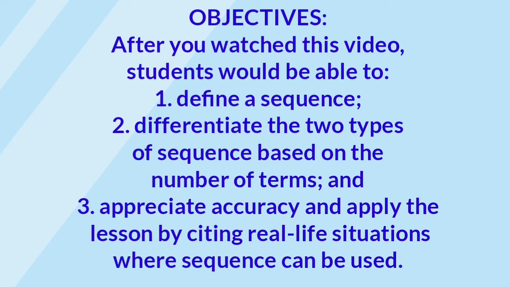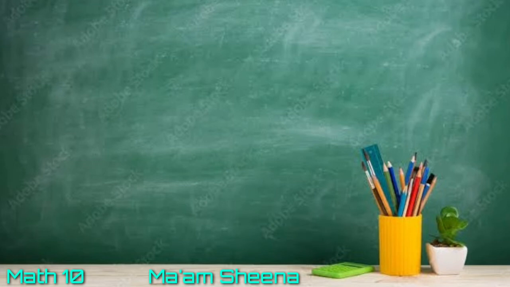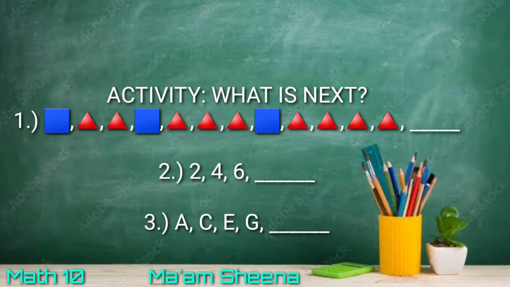So today, our objective is I'm going to tell you the first lesson in your math pen and we're going to discuss sequences. So what is a sequence? What are the different types of sequences? But before we start, I want you to take a look at the shapes, the letters, and the numbers shown on the board for your activity for today, entitled What Is Next.